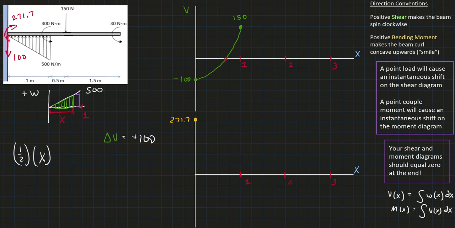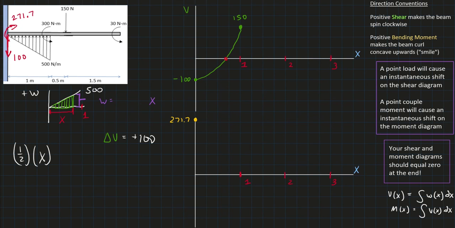Now the height here, well, we don't really know that either. But because this is a line here, we know that we can write y, or even better, w. W is equal to the rise, from 0 here to 500 here, over the run from 0 here to 1 here, times x.